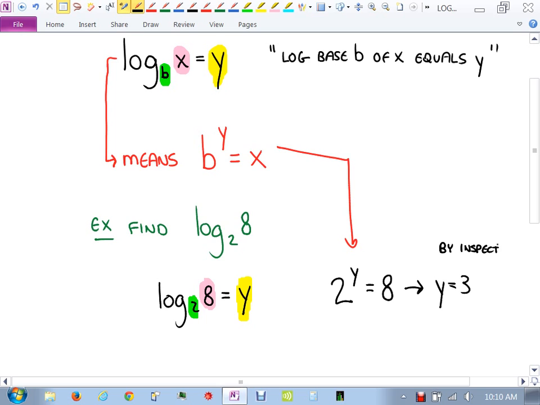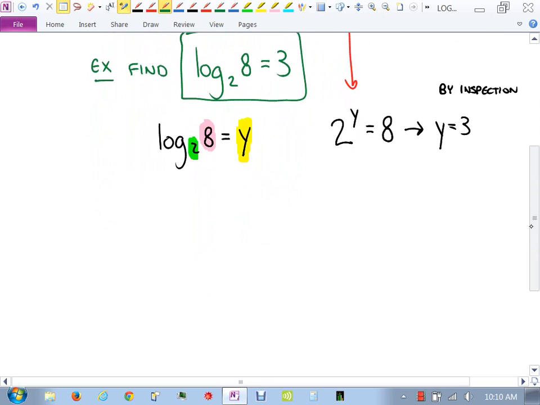So your answer, go back up to this, equals 3. Let me do another one, because I know this is confusing first time through. How about log base 3 of 27?